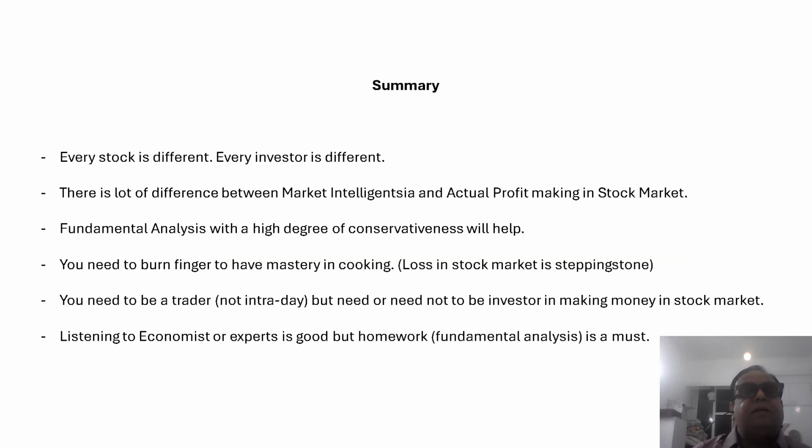Last but not least, as I said, every stock is different and every investor is different. There is a lot of difference between markets. Market intelligence, yes, these are all good, like everybody makes money in the long run. So these are good for academics, but not for people like investors. To me, these are theoretical things. But when you actually go to spend or invest the money, you have to look at all these fundamentals.